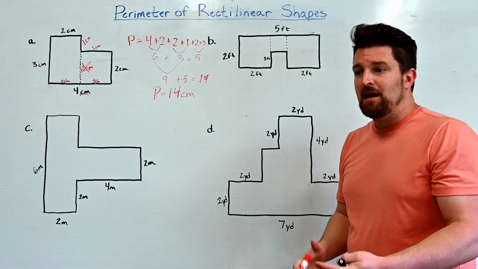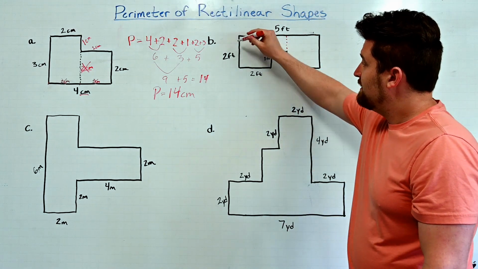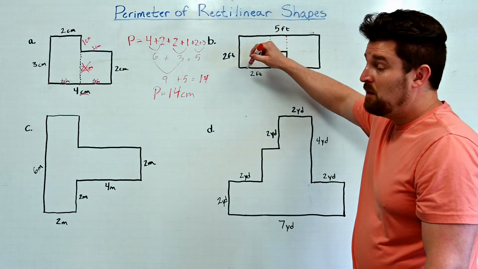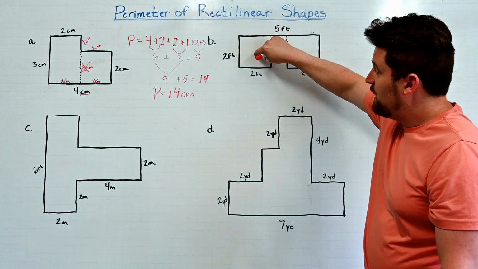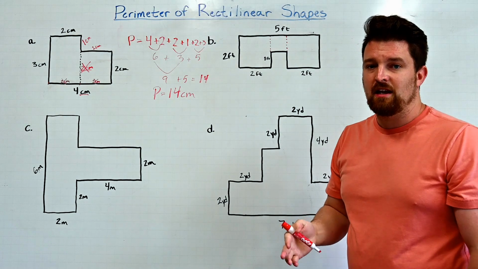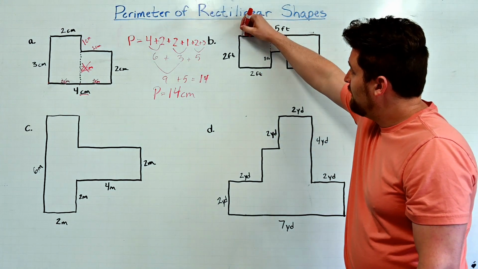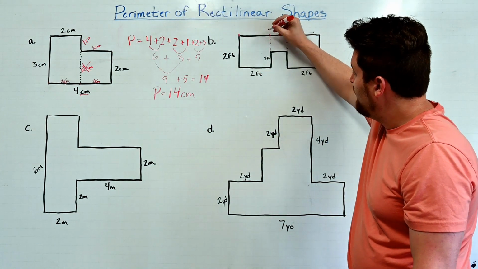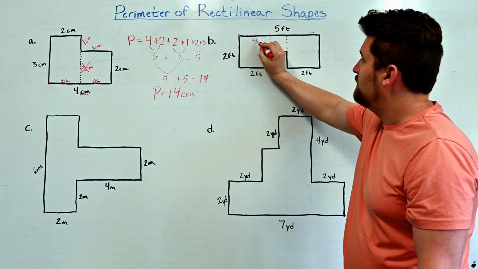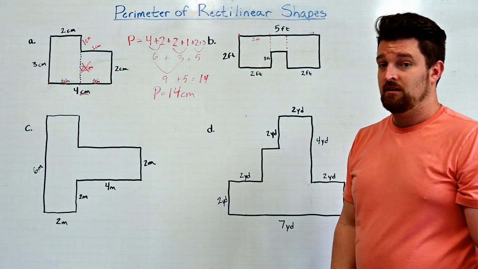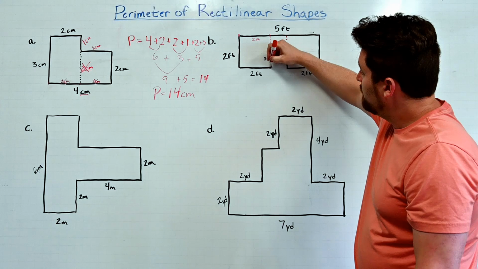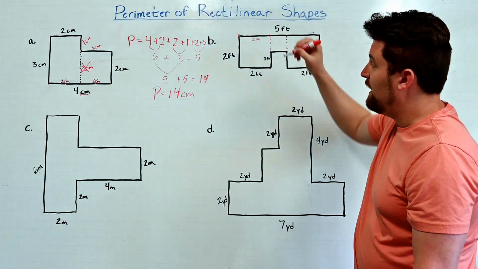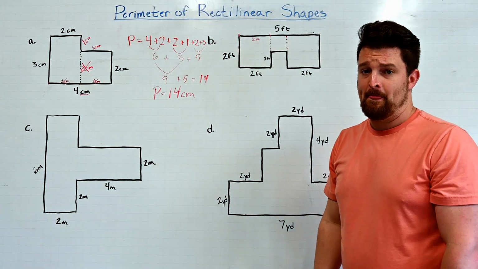So if I have a 2 by 2 shape, a length of 2 and a width of 2 of this shape right here, then that basically means I have a square. So that means that from here to there, I have also 2 feet. Okay? And then that means from this bottom corner to the top, I also have 2 feet.